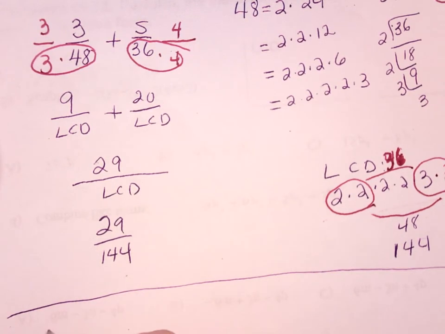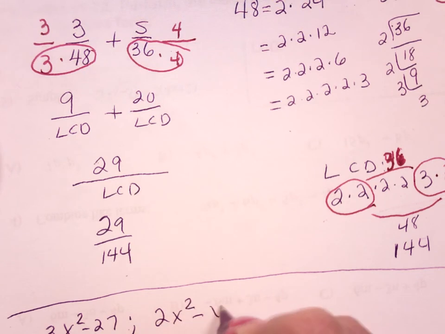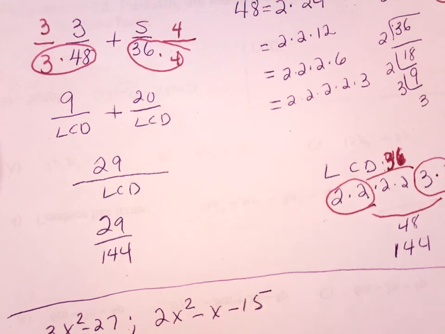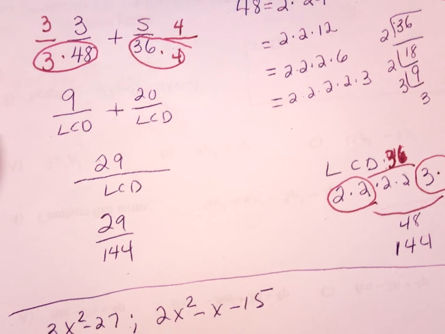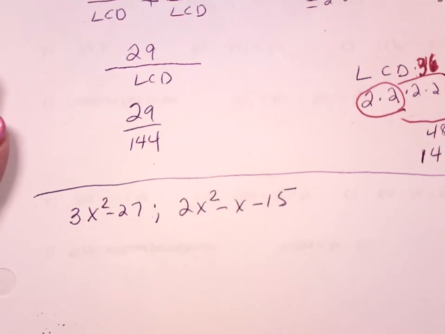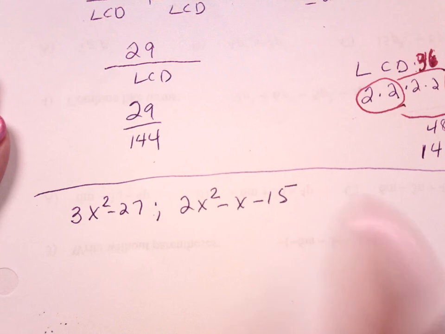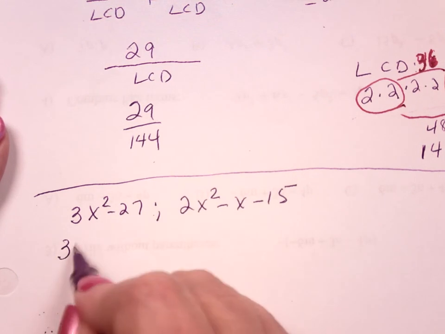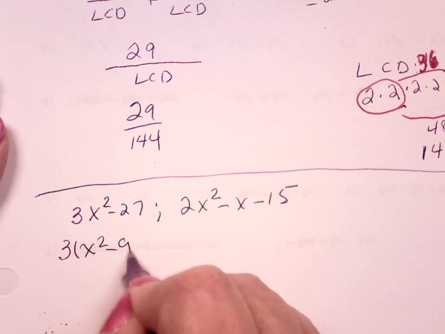suppose these are my two denominators: 3x squared minus 27, and 2x squared minus x minus 15. Now, like I broke the numbers down into factors, I need to break these down into factors. So this is 3 times x squared minus 9.